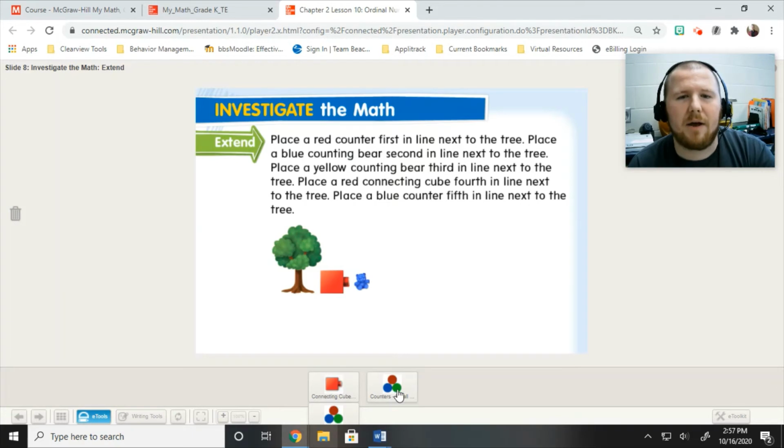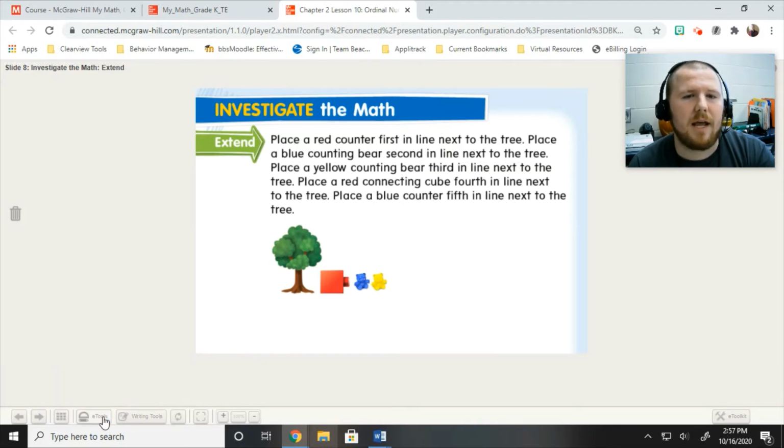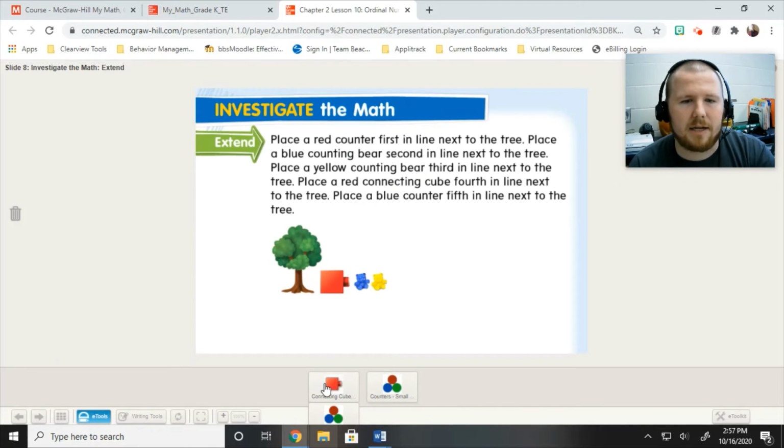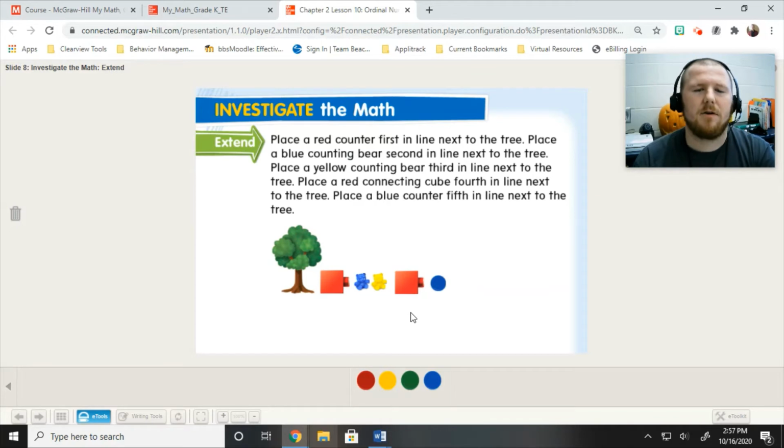Place a yellow counting bear on the third spot in line. The bear's there, third in line. Then we need a red connecting cube fourth. And then they want a blue counter to be fifth. It kind of looks like a pattern. Red, blue, yellow. Red, blue, and then yellow would be next. But we're not there yet.